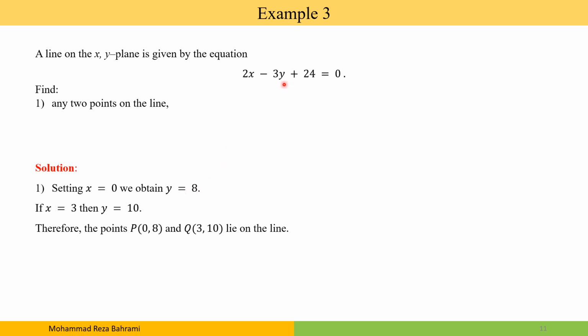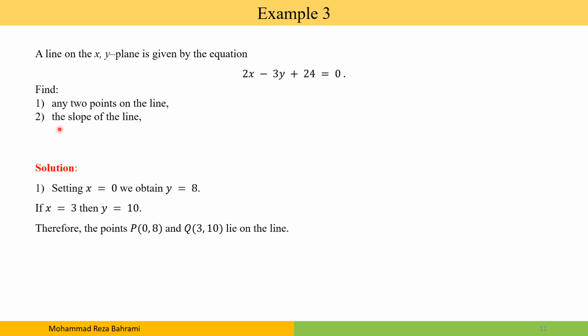We can even put y equal to 0 to get x, or just choose any number for x or y. So the other one is that I choose x equal to 3, then y we calculate as 10. Therefore, the 2 points we have, (0, 8) and (3, 10), are points on the line.